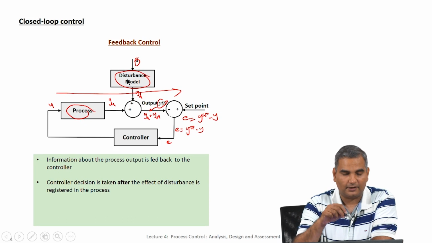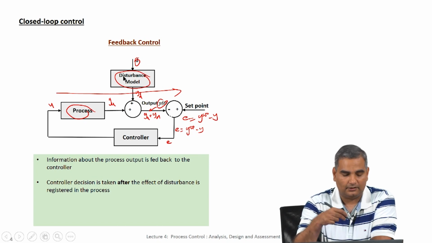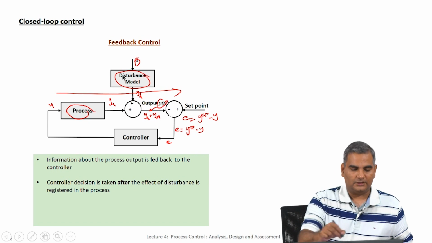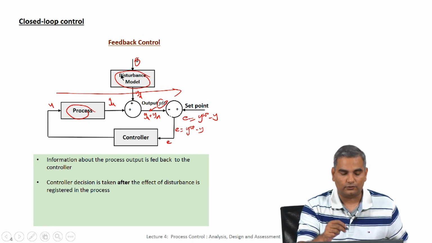So, that is actually a remarkable idea where just the feedback control satisfies a lot of the requirements of control even in the face of process model mismatch, and even in cases where we really do not know what are the disturbances that are acting on the process. So, this concept is what we are going to focus on in this course quite a bit.